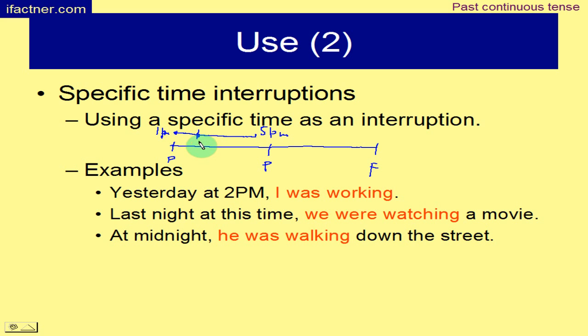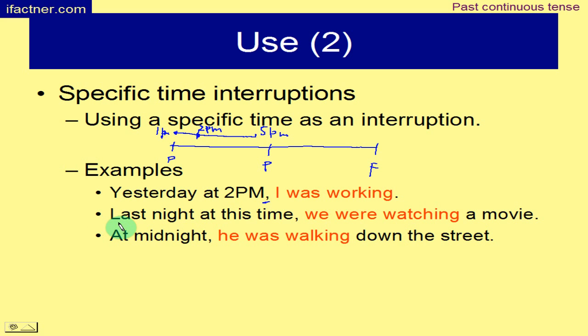So now we are using a specific time as an interruption. So we use past continuous tense. Yesterday at 2 p.m., comma, I was working.